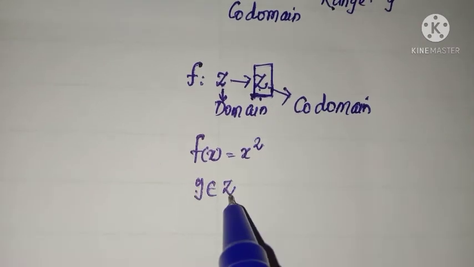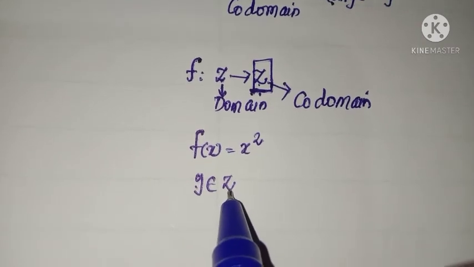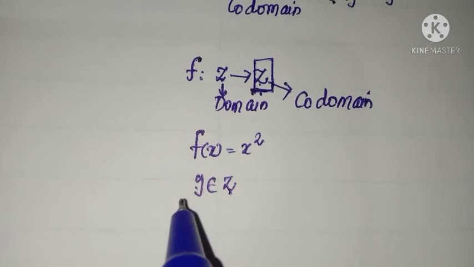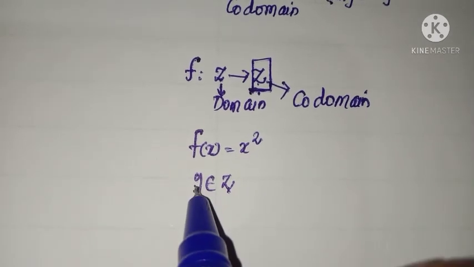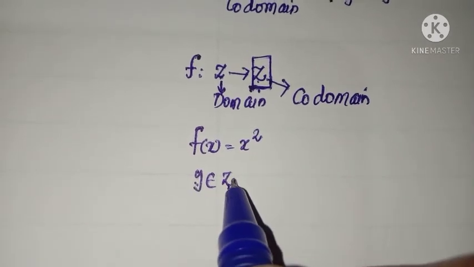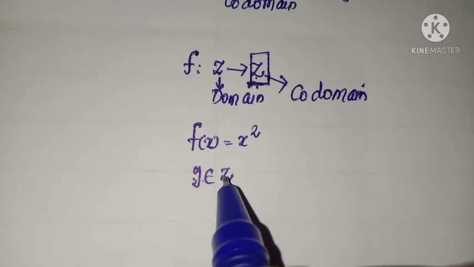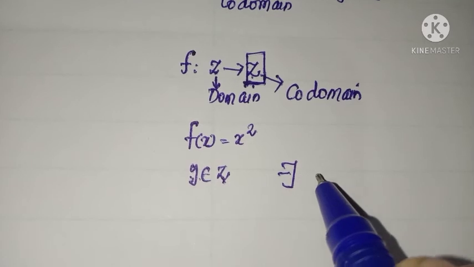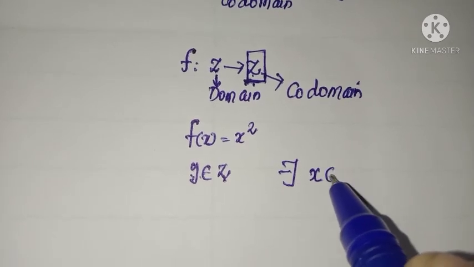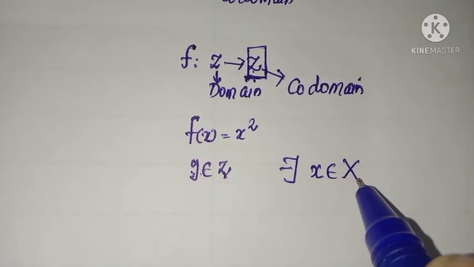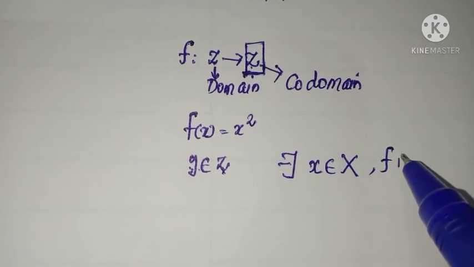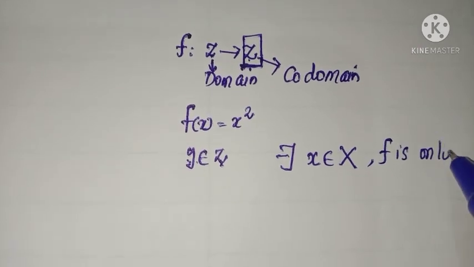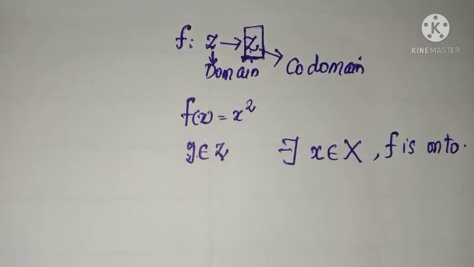Y is an element in the set. Then we are going to prove that for every y belongs to Z, if we take any element in the second set, there exists an element x in the first set. Then we can say that f is onto. This is the onto condition.